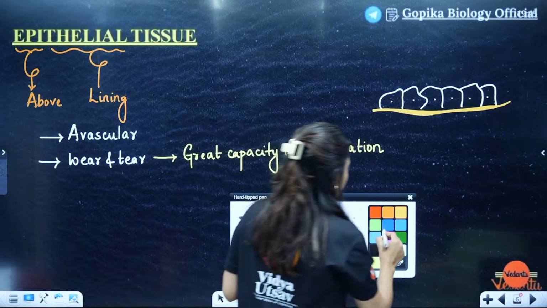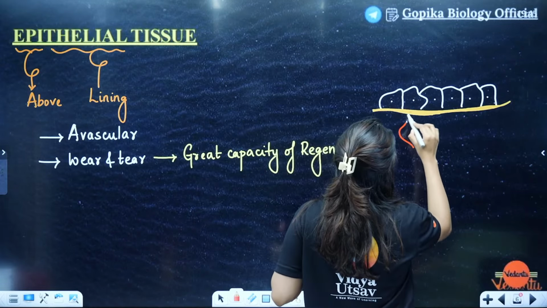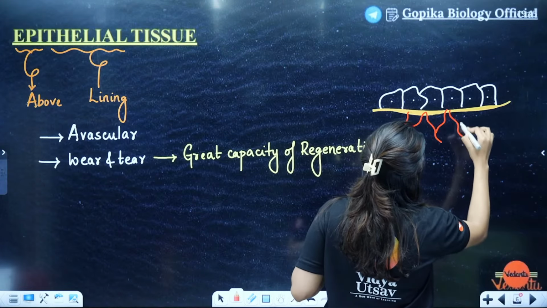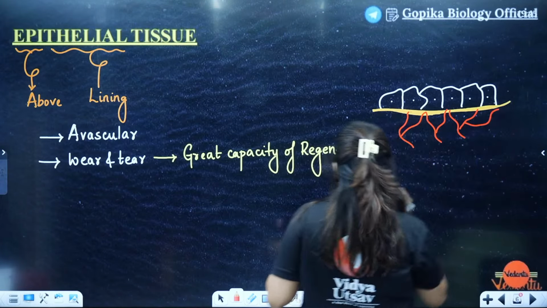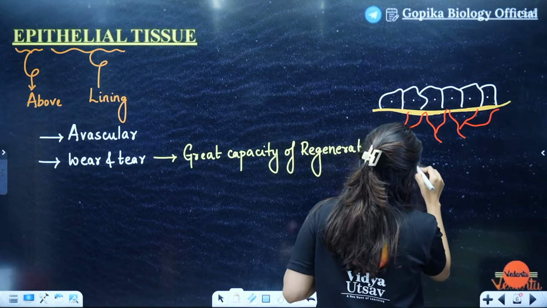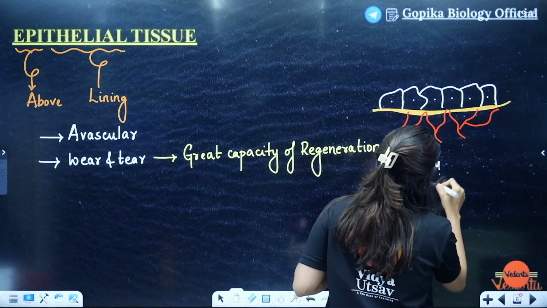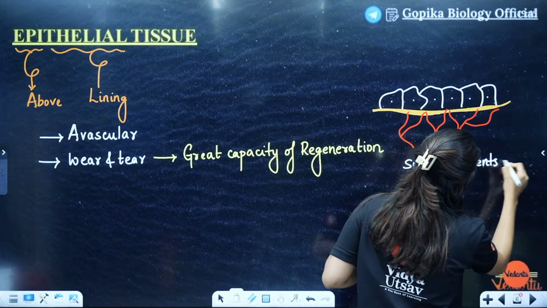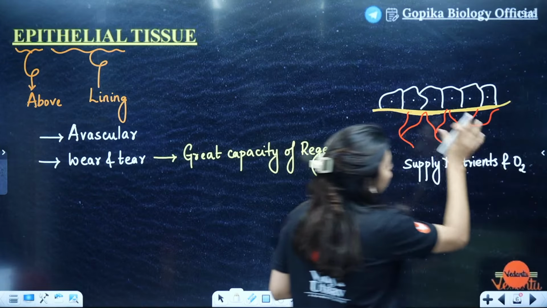Now below the basement membrane, students, there is going to be your connective tissue, which is ready to supply blood, and not only that, it is ready to supply nutrients. This connective tissue is going to supply nutrients and oxygen to the epithelial tissue.